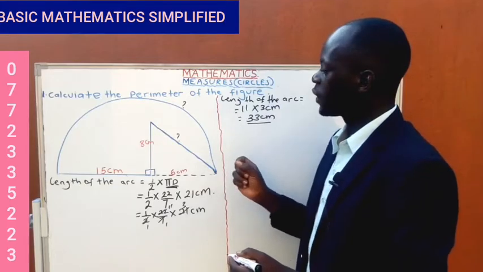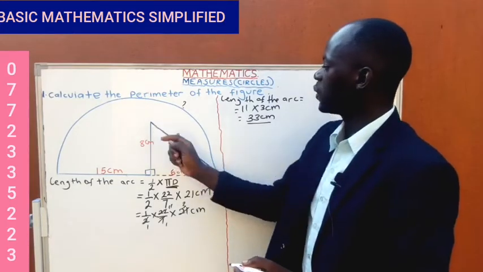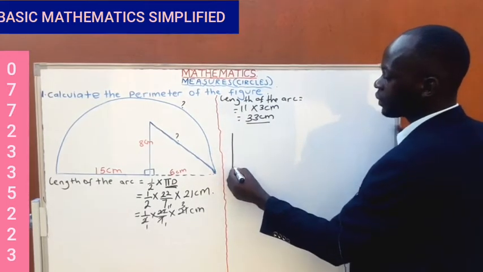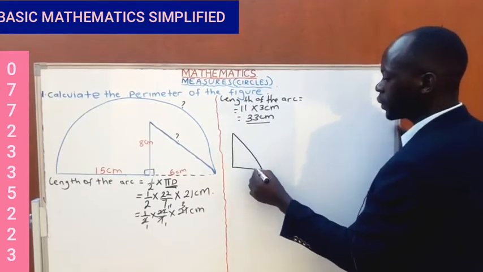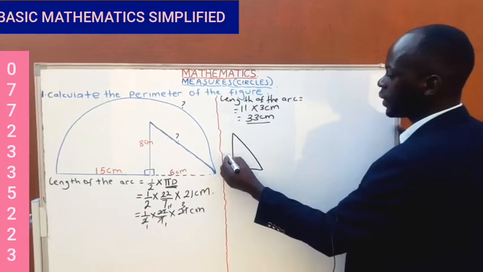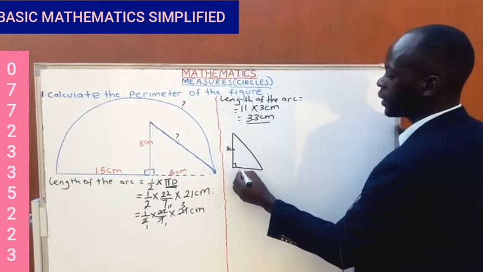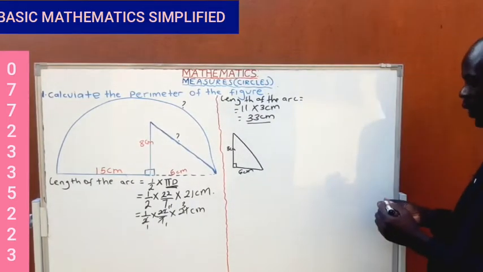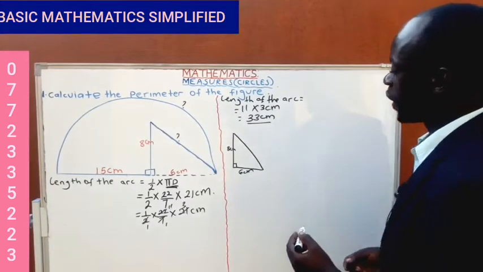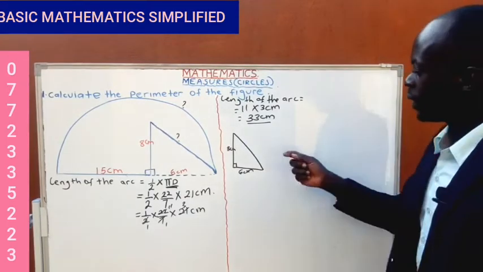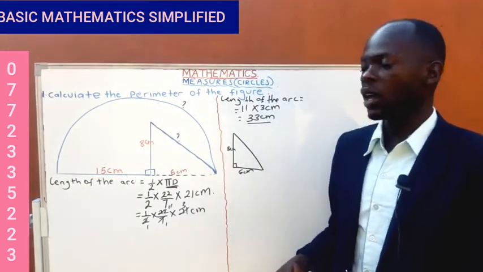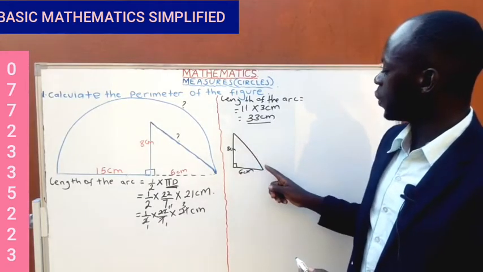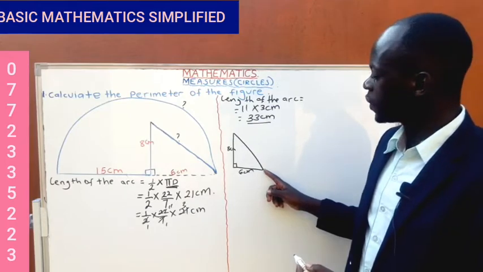Which distance is left to be calculated? We have this from this to that. Now, when you take that figure out very well, we shall have something which looks like this. This is 8 centimeters. This is 6 centimeters. So what comes into your mind when you look at that kind of figure? Remember, this is a right angle triangle, and from here to here is what we call the hypotenuse.